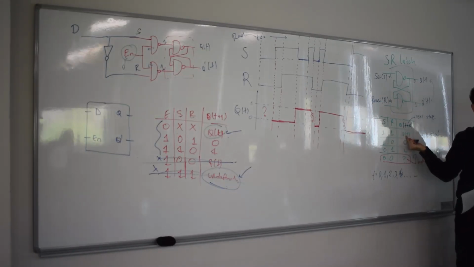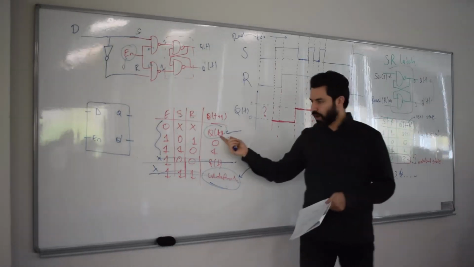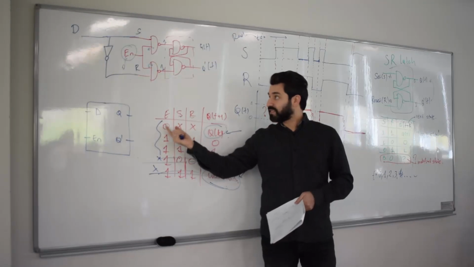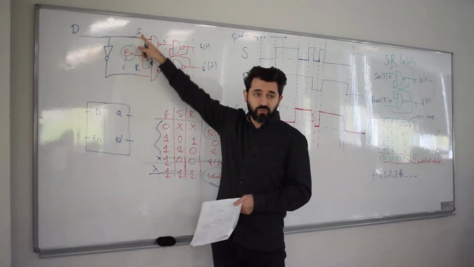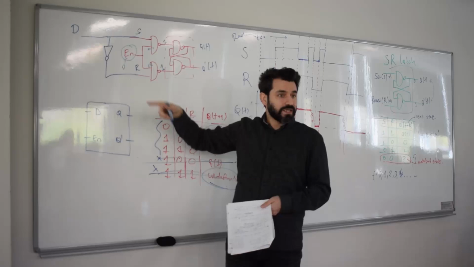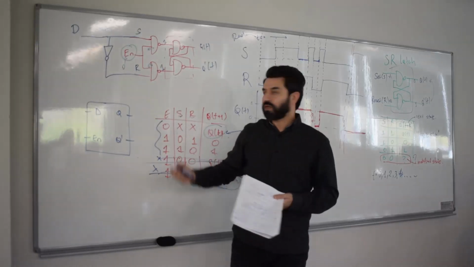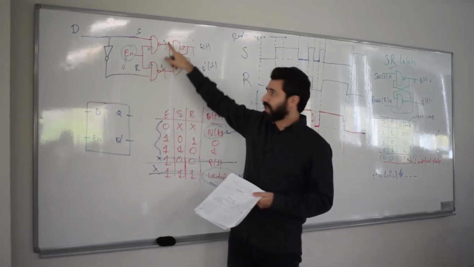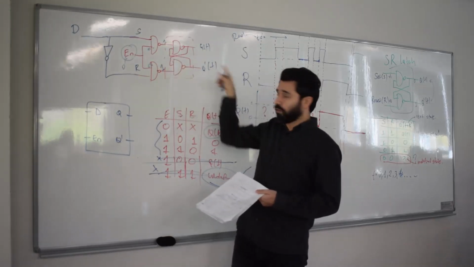That's why we're holding it. Okay? So that's why we are holding it. It doesn't matter what S and R are in this case. You can just set S to 0 or 1 or R to 0 or 1. It doesn't really matter. What matters is enable being 0 makes the output of these two NANDs 1 and 1. And that will hold the state.